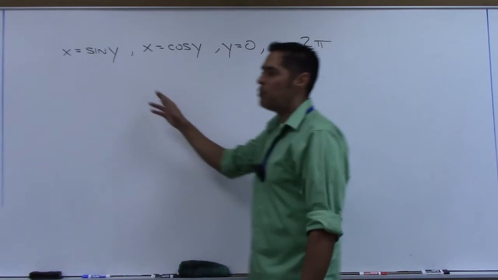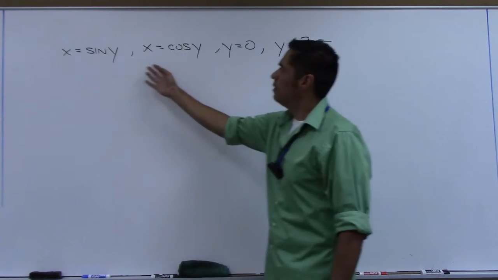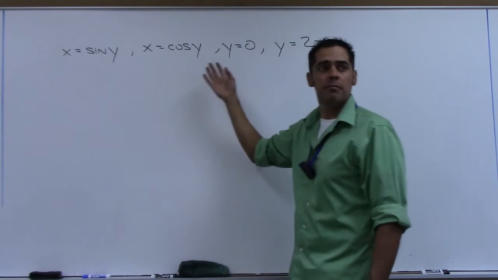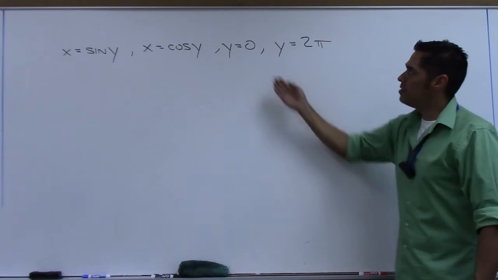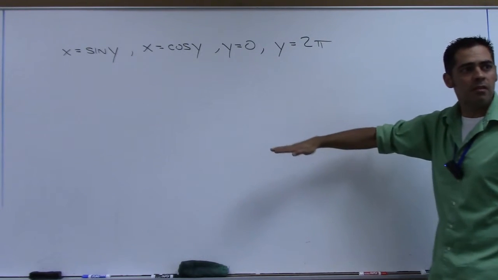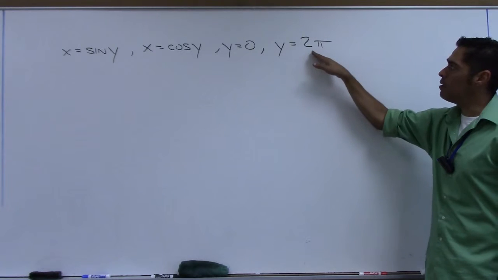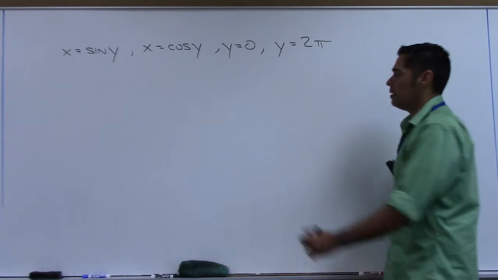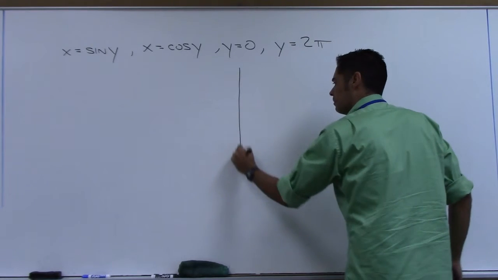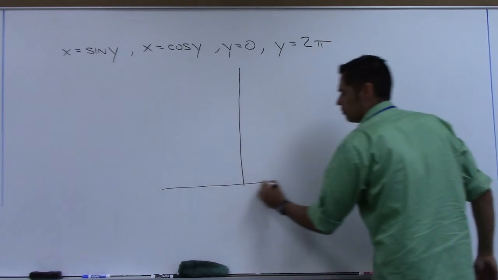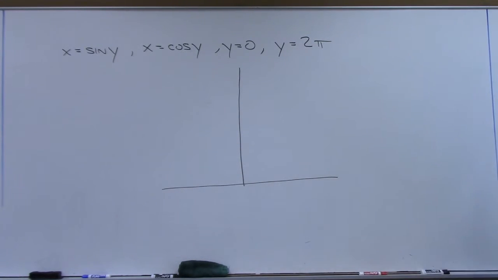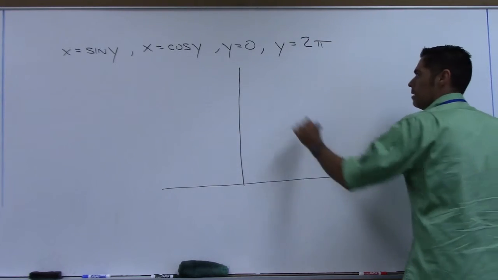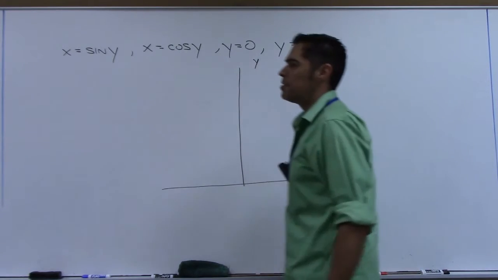These are functions of what? X or y? These are both functions of y, aren't they? Y equals 0 is the horizontal line, the x-axis. Y equals 2 pi is the horizontal line up at 2 pi. So when I go to graph this, I'm going to draw x equals sine y.